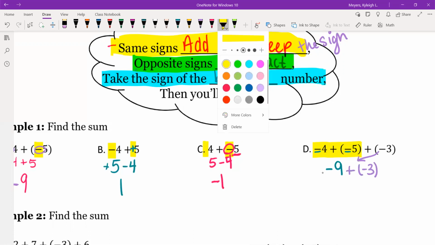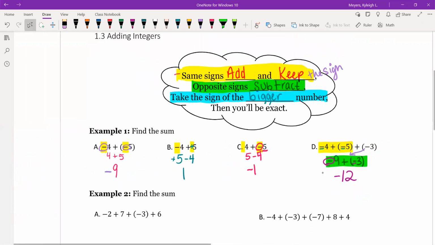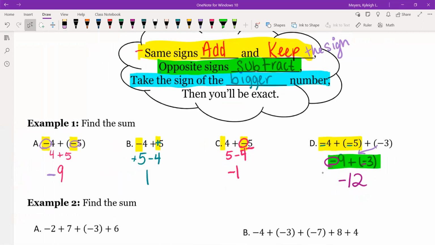And now that's what I'm looking at. Now they have a negative and a negative, so they're same signs, add and keep. Okay? 9 plus 3 is 12. Keep the sign, bring down the negative. Okay, so if there were more numbers, you would just keep on bringing them down and down and down. Okay, so hopefully that made sense.